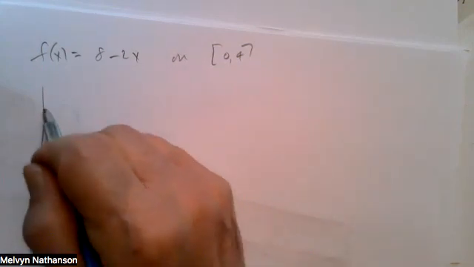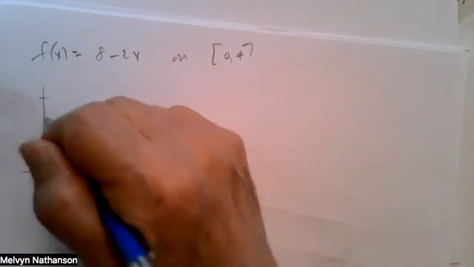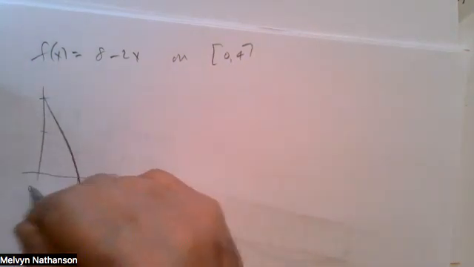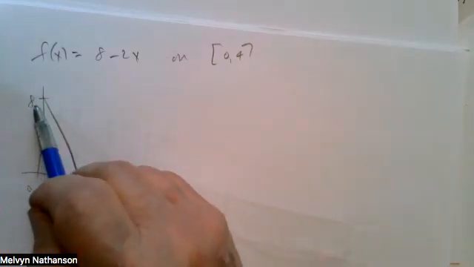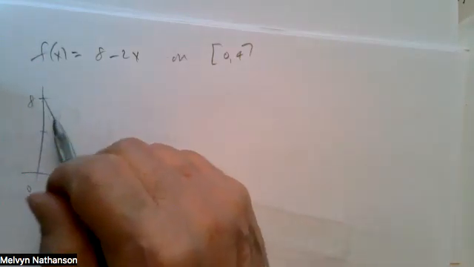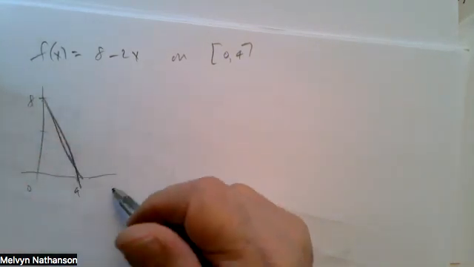So what does this function look like? Zero, 4, 8. This is a line with y-intercept 8 and slope -2. When x is 4, you get 0.